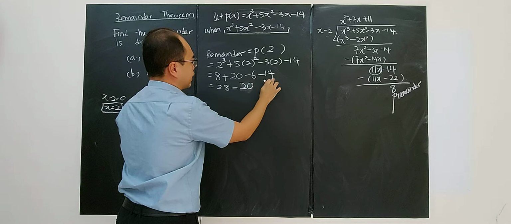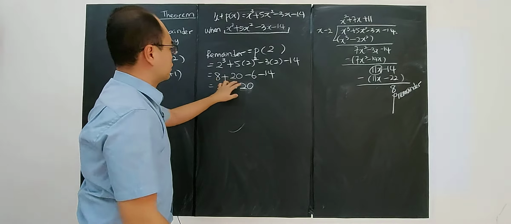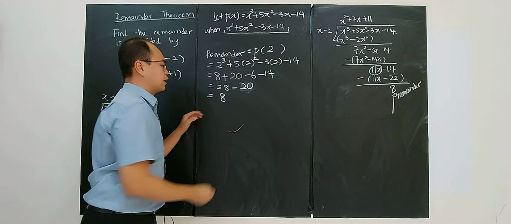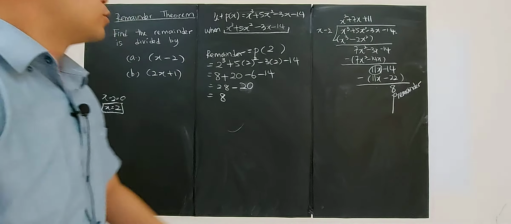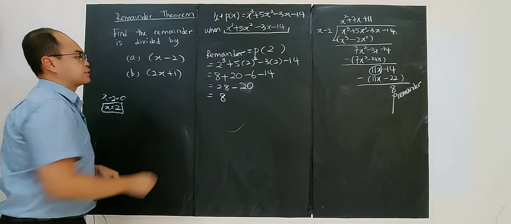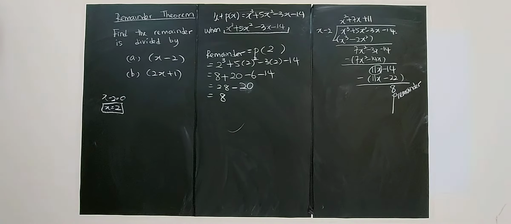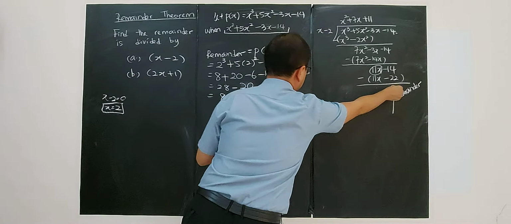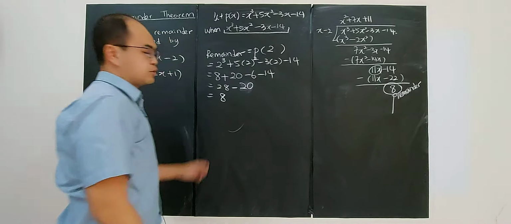Negative 6, negative 14, you have negative 20. So 28 minus 20, you are getting 8. You see? The 8 here is actually the remainder when you divide by x minus 2. It's the same thing as if you do long division, you still get 8. This is the remainder theorem.